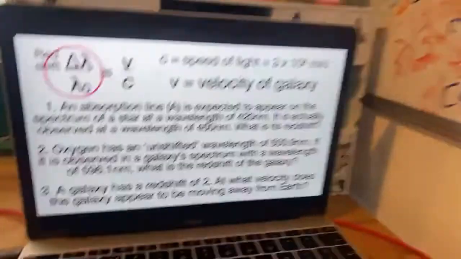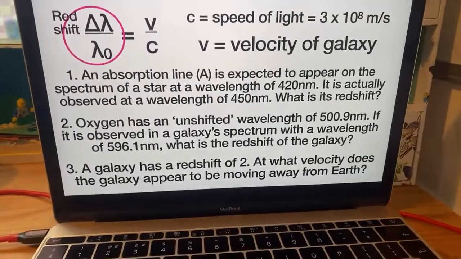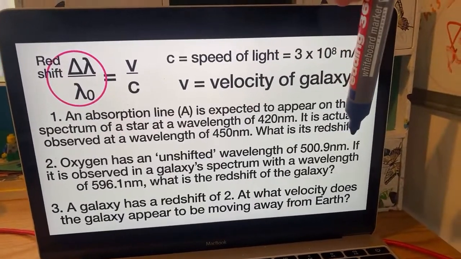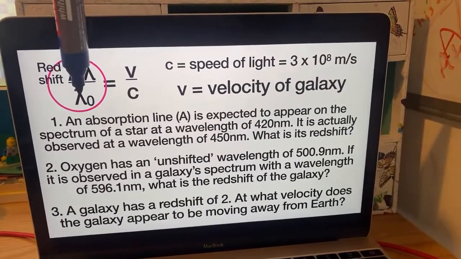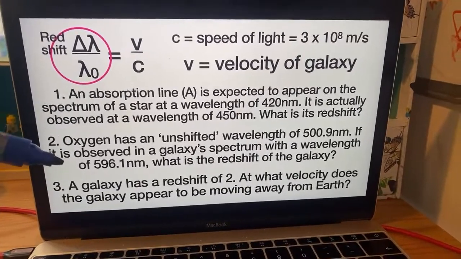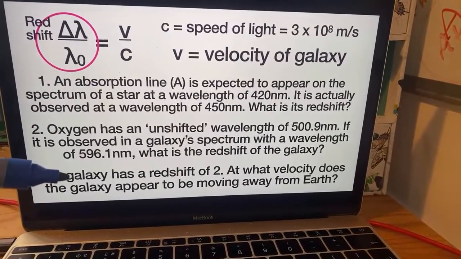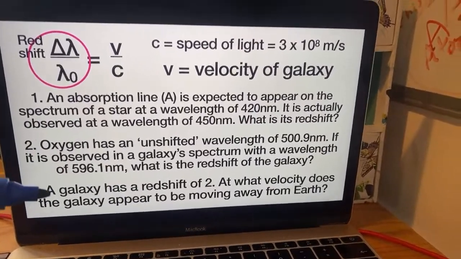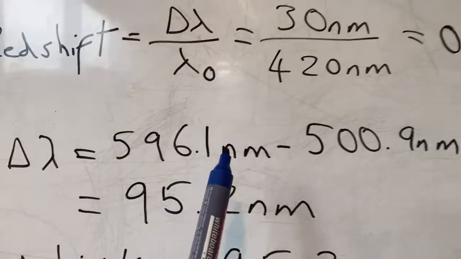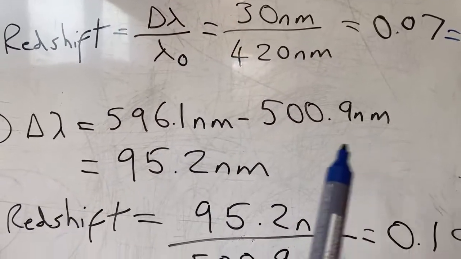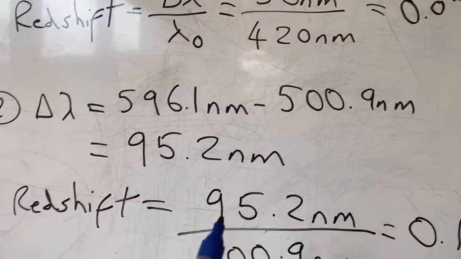And the second one, oxygen has an unshifted wavelength of 500.9 nanometers, so that's wavelength 0. If it is observed in a galaxy spectrum with a wavelength of 596.1 nanometers, what is the redshift of the galaxy? So you've got to find the change in wavelength, which is 596.1 minus 500.9, which gives you 95.2 nanometers.